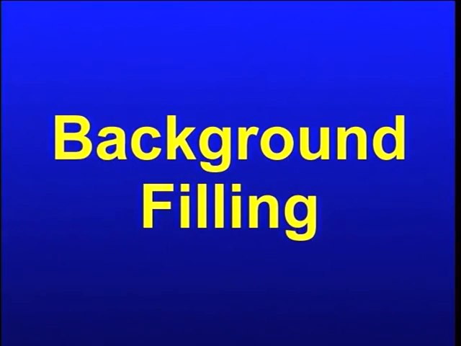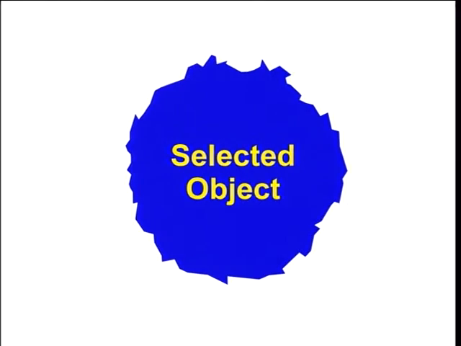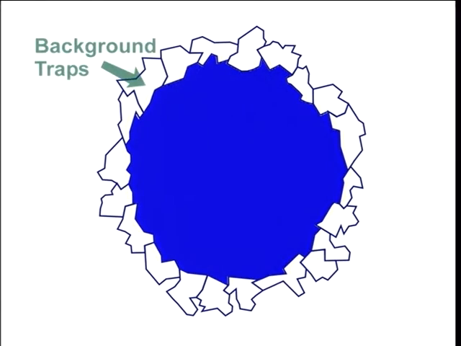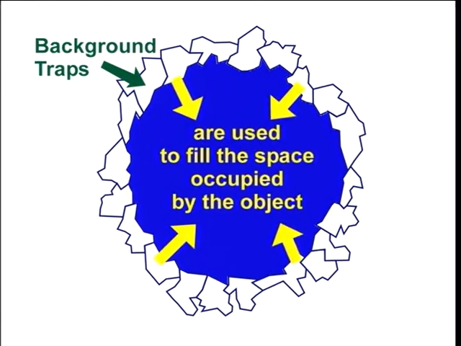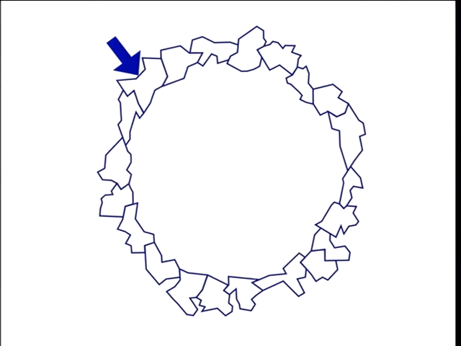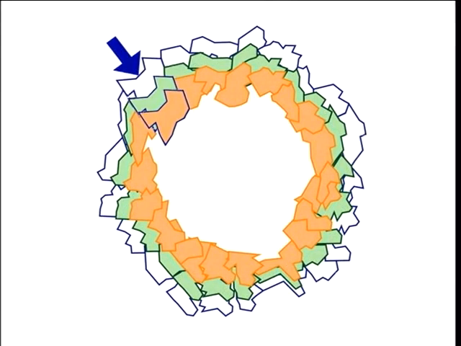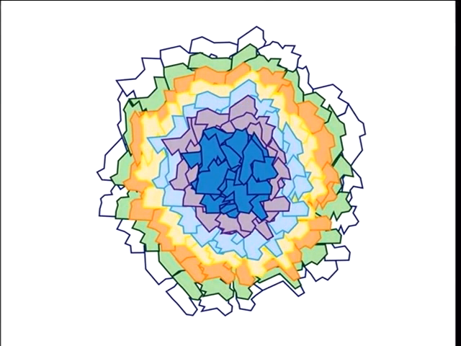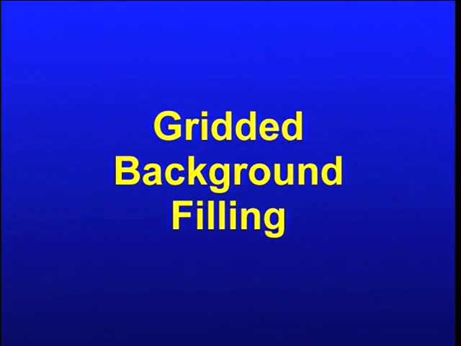To explain background filling, consider a selected object surrounded by sub-object regions, called traps, which we will use to fill the space previously occupied by the object, in one of two ways. With concentric filling, traps fill the space through concentric overlapping displacement. Because traps capture the sub-objectness of the background as well, the space is usually filled in a convincing manner.